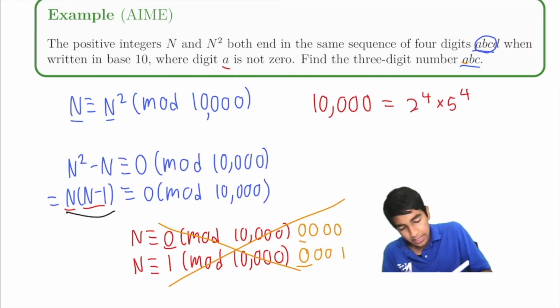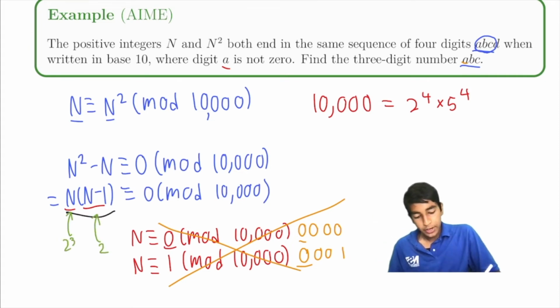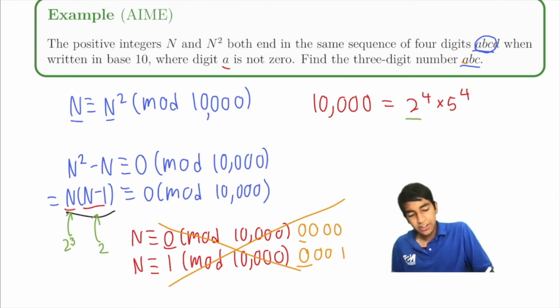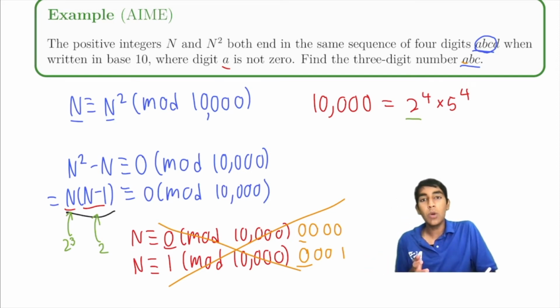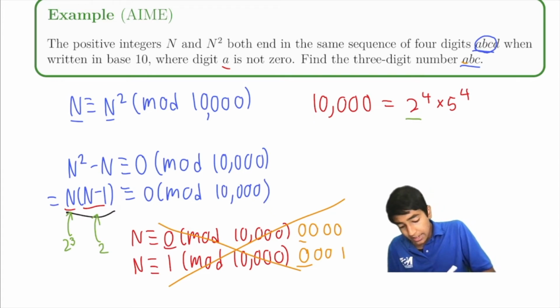So what does that mean? Is it possible maybe to have some factors of 2 here, maybe 2 cubed, and another factor of 2 here? Well, the trick is their product is a multiple of 2 to the 4. If we split the factors between n and n minus 1, is that even possible? Well, n is different mod 2 than n minus 1.